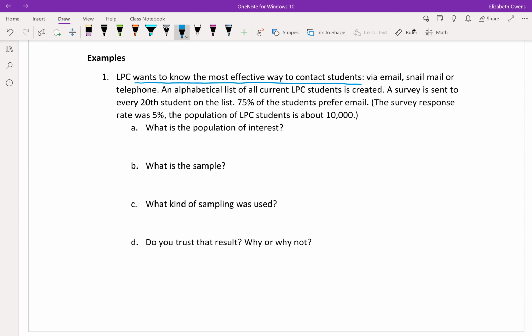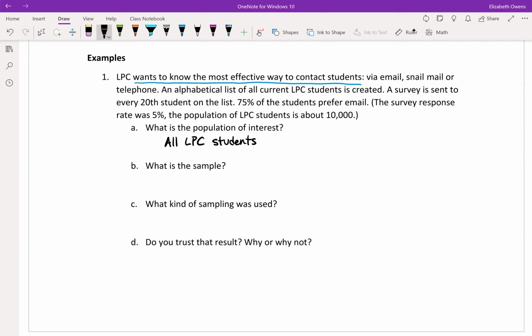We want to know the most effective way to contact students. So who we're focusing on, our population here, the who is students. And remember, the population is the big overall group, so all LPC students.